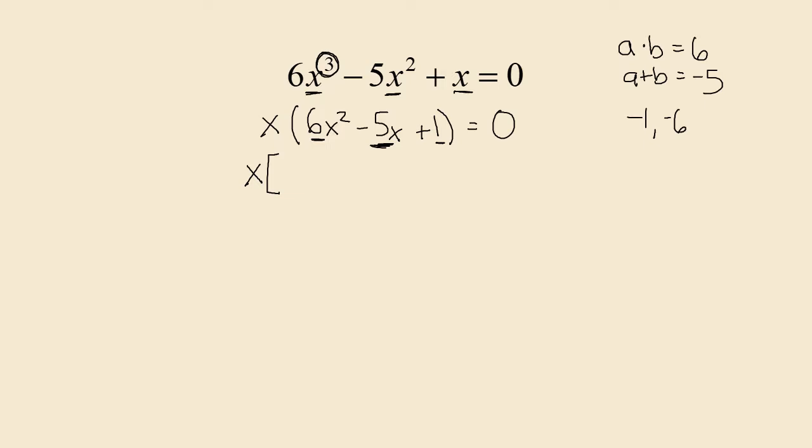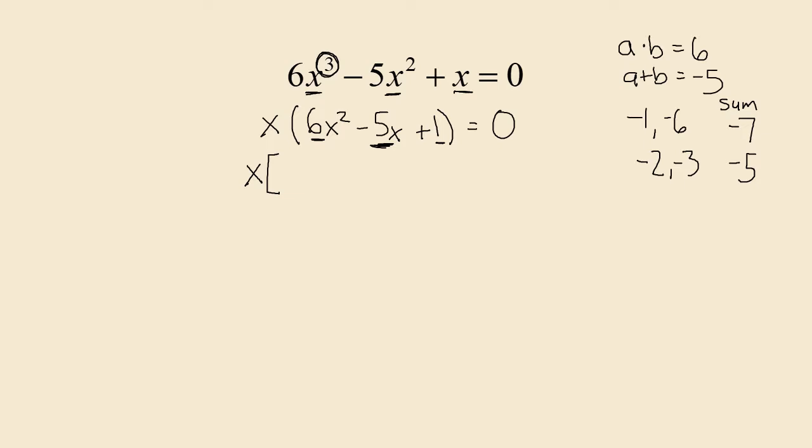So -1 times -6 is absolutely positive 6, but the sum is -7. So they won't do. So my next pair of factors is -2 and -3. And they also multiply to positive 6, and furthermore, they add to -5. So it looks like I've got my pair here.